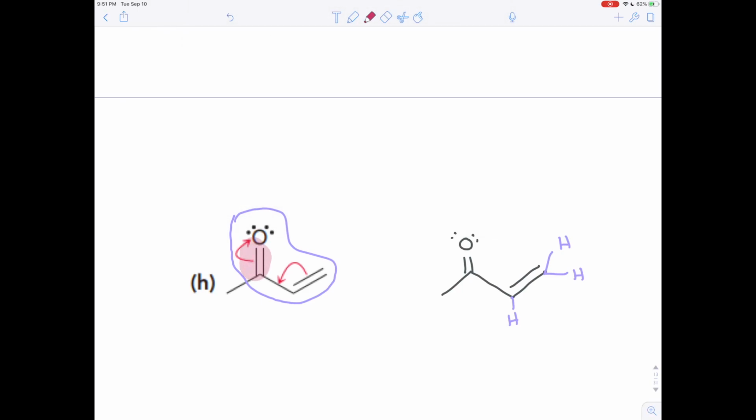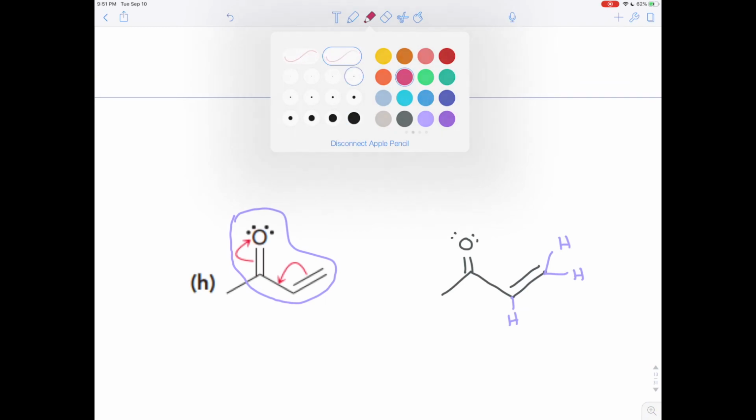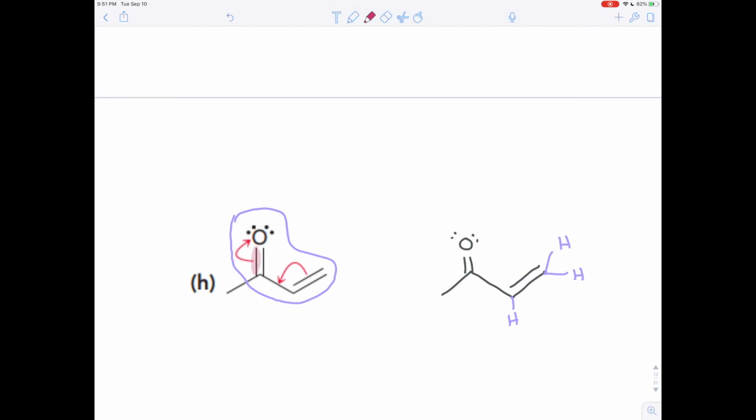Any place where the tail of a curved arrow is pointing from is a place where electrons are moving away from, so you erase those. And any place where the head of a curved arrow is pointing is a place where electrons are arriving, so you draw those in. If the head of a curved arrow is pointing to an atom, then you draw those in as a lone pair.